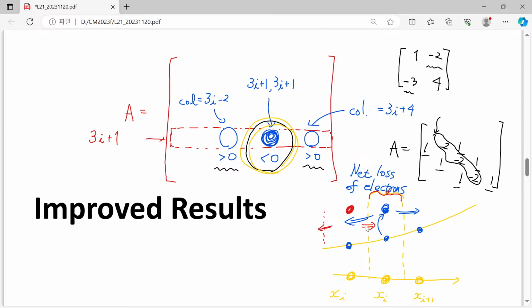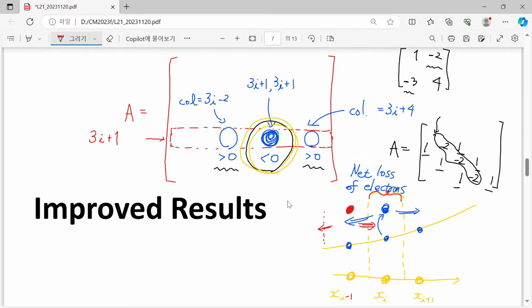So what we can expect is that once we have a certain increased electron density in this x sub I minus 1, it will make a net gain of electrons from the viewpoint of this central node.